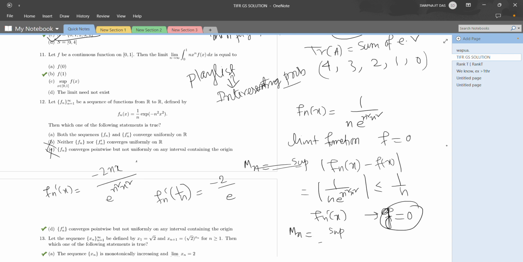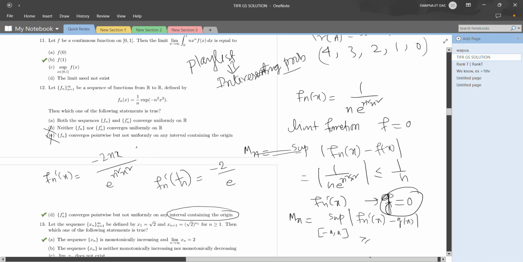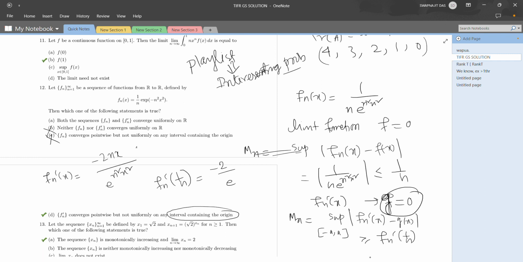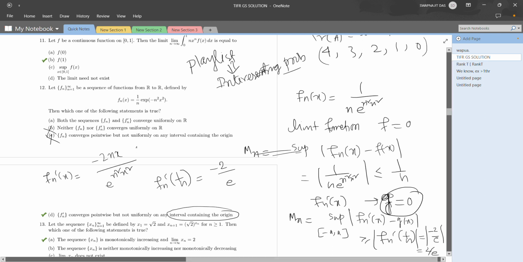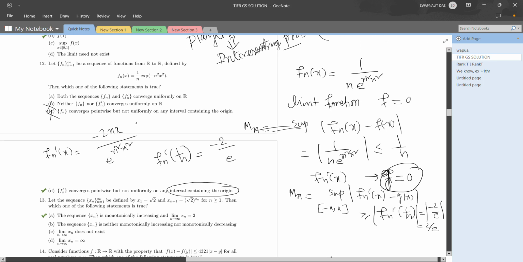Now if we define Mn as the supremum over, say, minus a to a, taking an interval containing the origin, then |fn prime(x) minus g(x)| is greater than or equal to |fn prime(1 by n)|, which is mod 1, which is 2 by e.